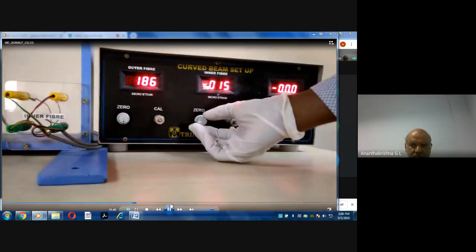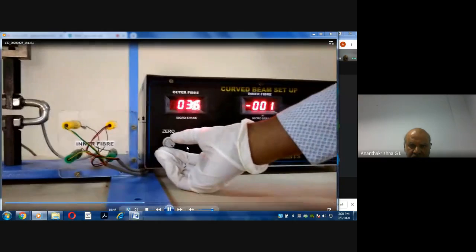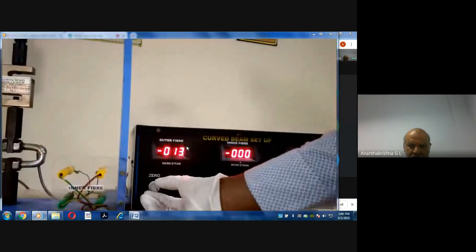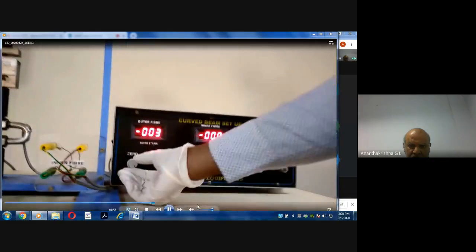Set it close to 0. Now come to outer fiber, which is now set to 0.